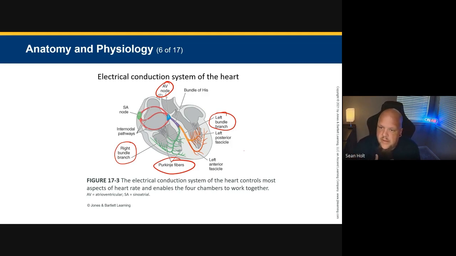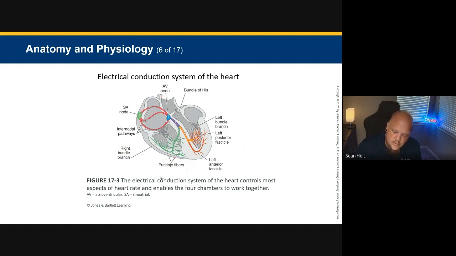I recognize that. Okay. The more you hear the conversation we're going to have tonight, the more you try to pay attention, the more this is going to make sense to you later on. But understand that if we start at the SA node, that gives us a rate of 60 to 100 beats per minute. But say that this part of the heart dies and that SA node is no longer firing.